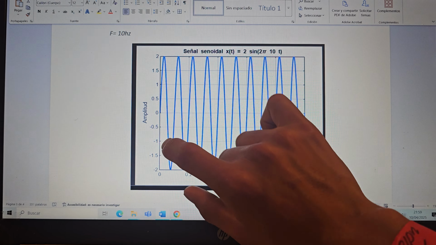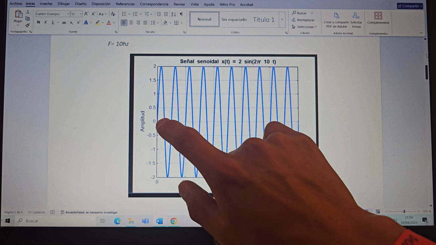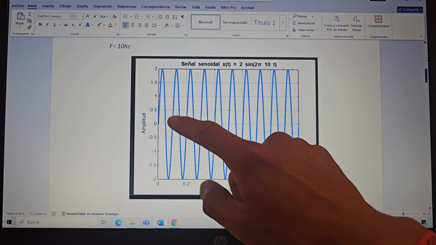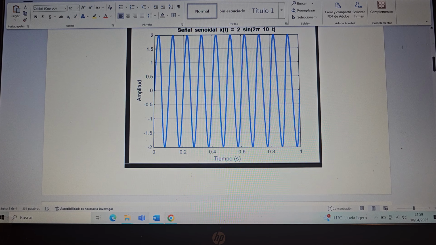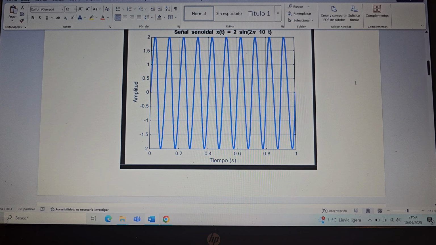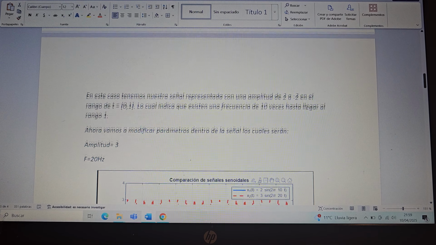This is the amplitude, going from 0 to 2, and from 0 in the negative territory to -2.